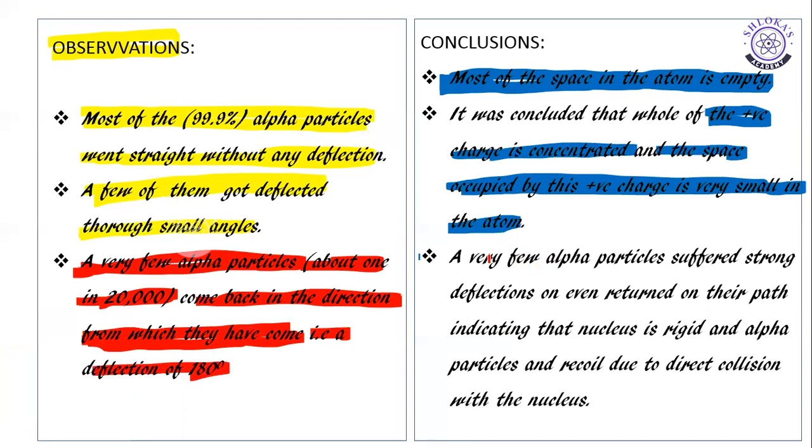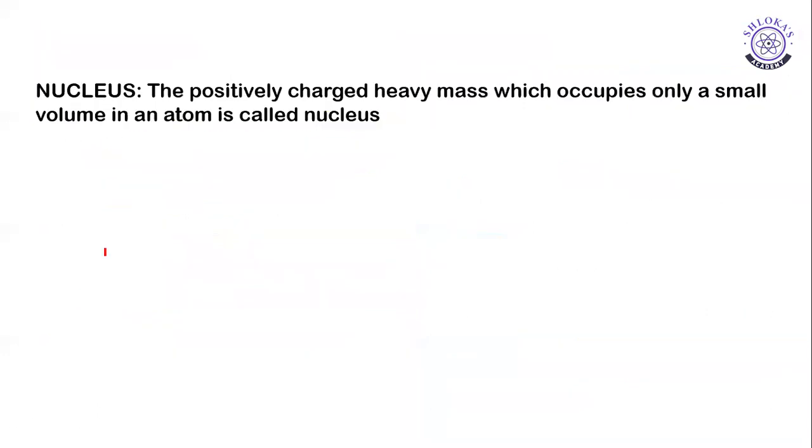This is because a very few alpha particles suffered strong deflections, even returning on their path, indicating that the nucleus is rigid and the alpha particles recoil due to direct collision with the nucleus. These are the conclusions Rutherford made from these observations. The nucleus is defined as the positively charged heavy mass which occupies only a small volume in the atom.